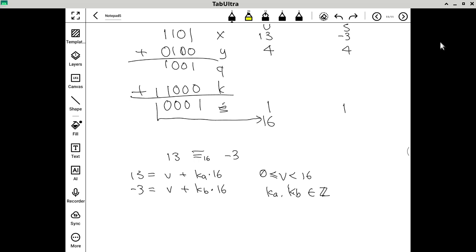So when we add those two, the v's of those two will kind of add up. The other side is not a problem because we are still looking at some constant times 16 and then plus some other constant times 16. It is still just an integer, okay? Ka plus kb is just an integer, or kc and kd in the case of the other number. It is still an integer. So that's why it works out in both cases. So that's kind of the mathematical basis of why we choose to represent negative values using, in this case, KB being negative 1.